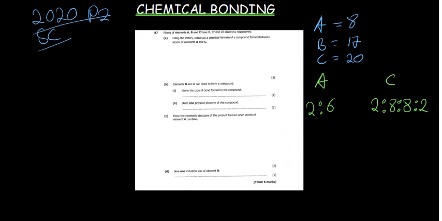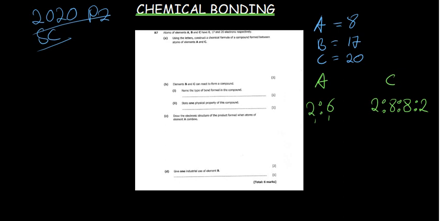So when you look at element A, it has 2 shells, and us counting this number of shells represents the period in which element A is in. Then looking at the number of electrons in the outermost shell, the outermost energy level, which is a 6, gives us the group it is in.